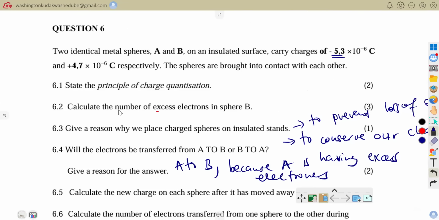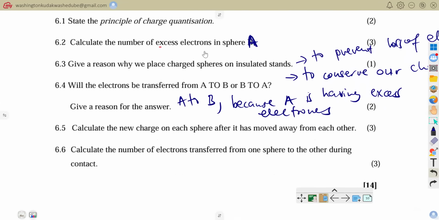That is the reason why, when they say calculate the number of excess electrons, they were supposed to say excess electrons of A, not B, because B does not have excess electrons. I'm sure they made a mistake there, but you end up working with what you are given.